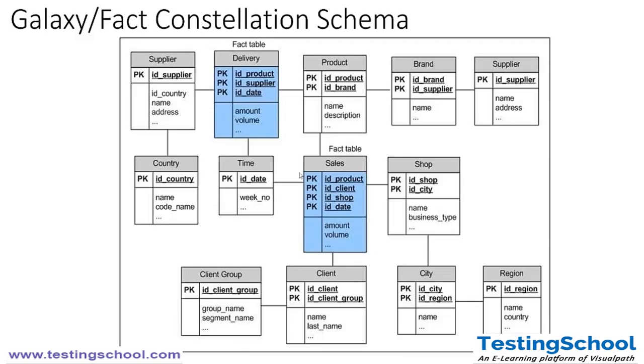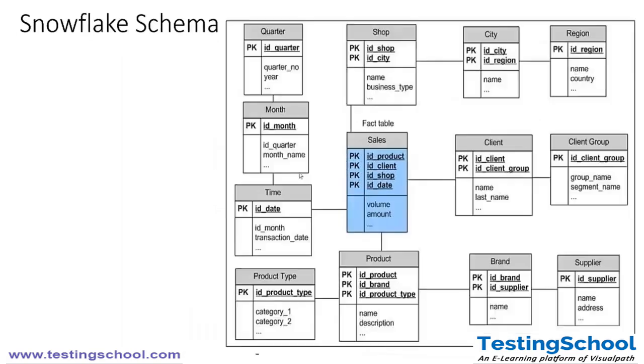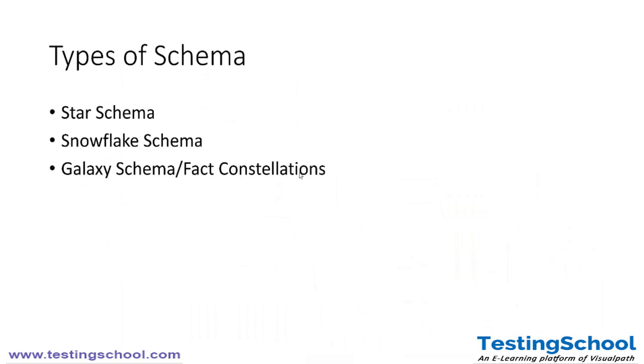All right, so quick recap. There are three different types of schemas. One is star schema, snowflake schema, galaxy schema, or fact constellations. What is star schema? Star schema is the simplest of all. It has a centrally located fact table surrounded by related dimensions.